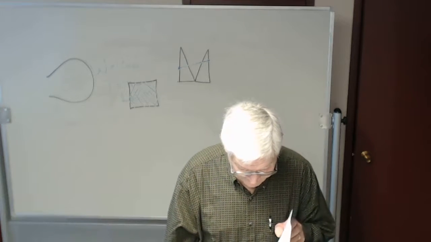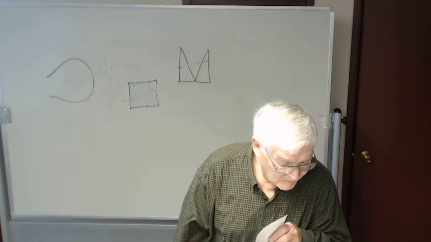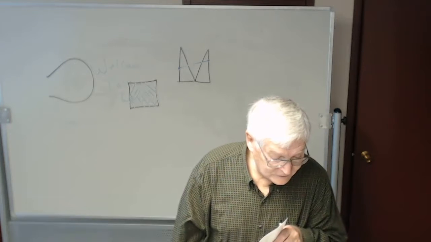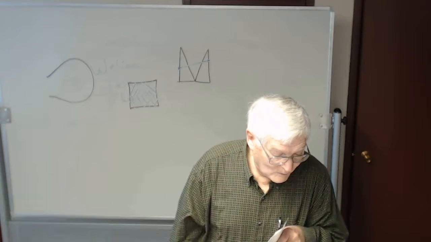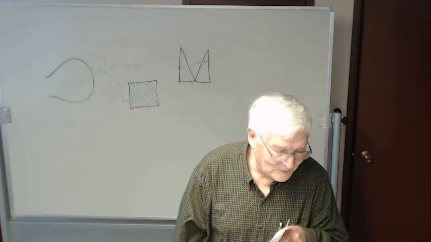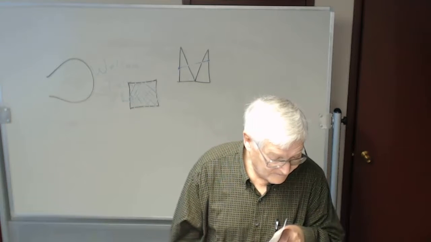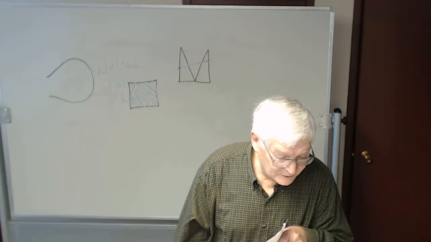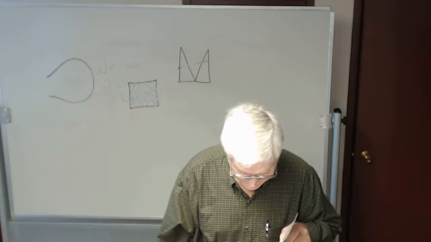What's number 12? Square. Now, isn't it also a parallelogram? It's also a quadrilateral. But it's more particular, so they would want you to say square for that one, because it's got that right angle in it. When you see those right angles in parallelograms, they want you to call them something special.